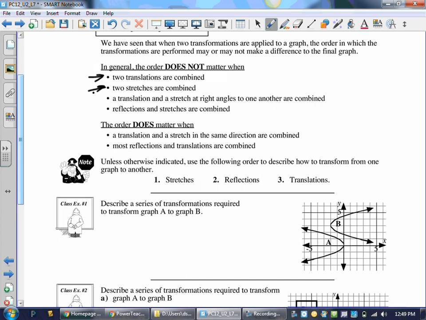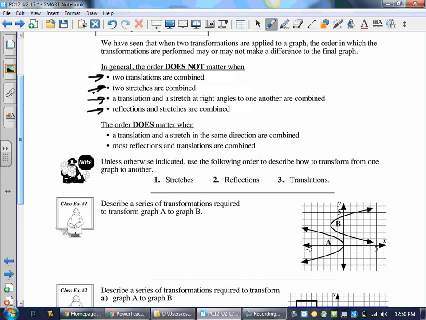If a translation and a stretch at right angles to one another are combined, it doesn't matter. So if one is vertical and one is horizontal, it won't matter either. Okay? Reflections and stretches combined, that's okay.